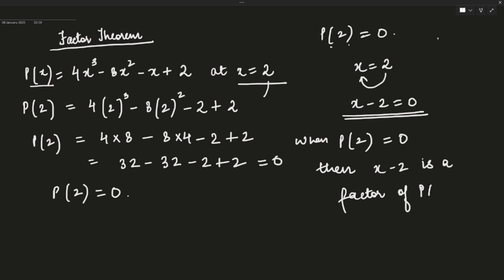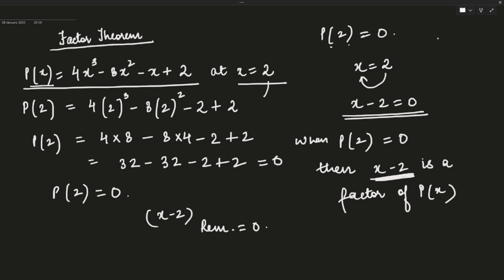It means that when you divide this polynomial by x minus 2, the remainder will be 0. So x minus 2 exactly divides this polynomial.